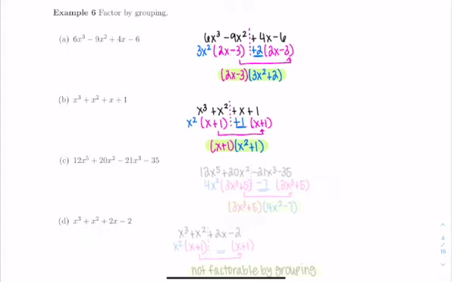Let's go ahead and try another one. We have 12x to the 5th plus 20x squared minus 21x cubed plus 5. So we want to go ahead and split this right on down the middle.